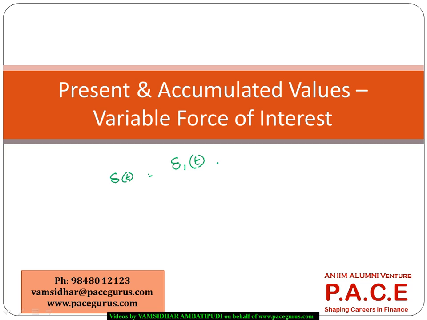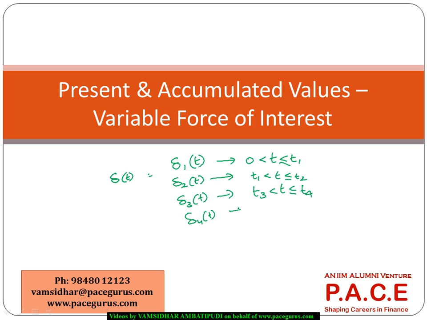Let's say delta 1 between 0 to t1, or delta 2, some other formula, between t1 and t2, like that, delta 3 between t2 and t3, and delta 4 when it is greater than t4.